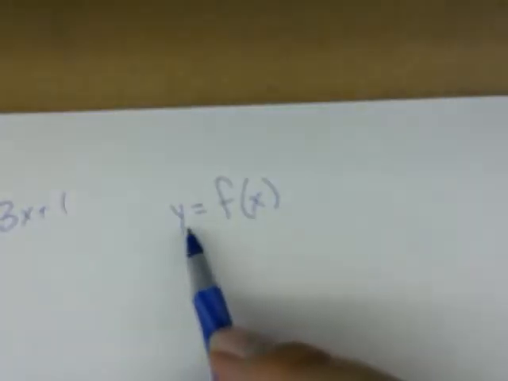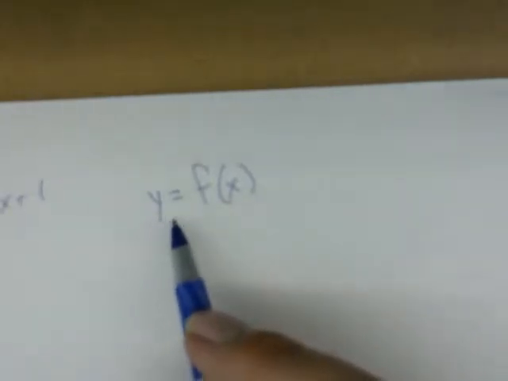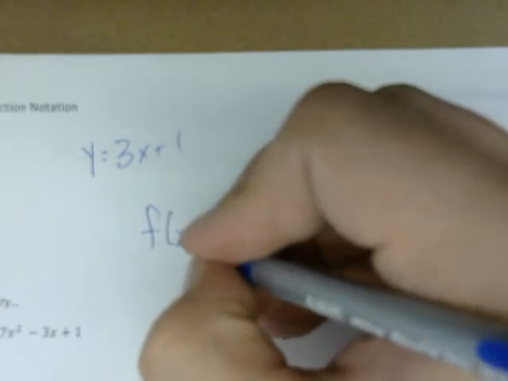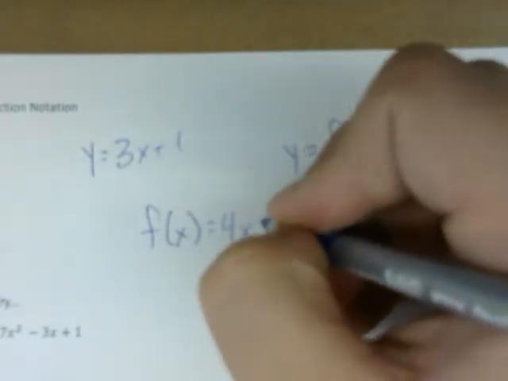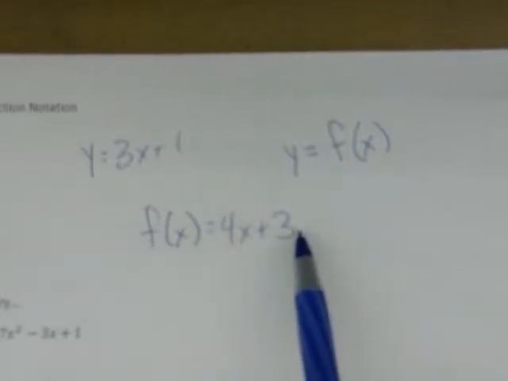Y is the same thing as saying f of x, and f of x is the same thing as saying y. So when I write something like f of x equals 4x plus 3, what I actually mean is that y equals 4x plus 3.